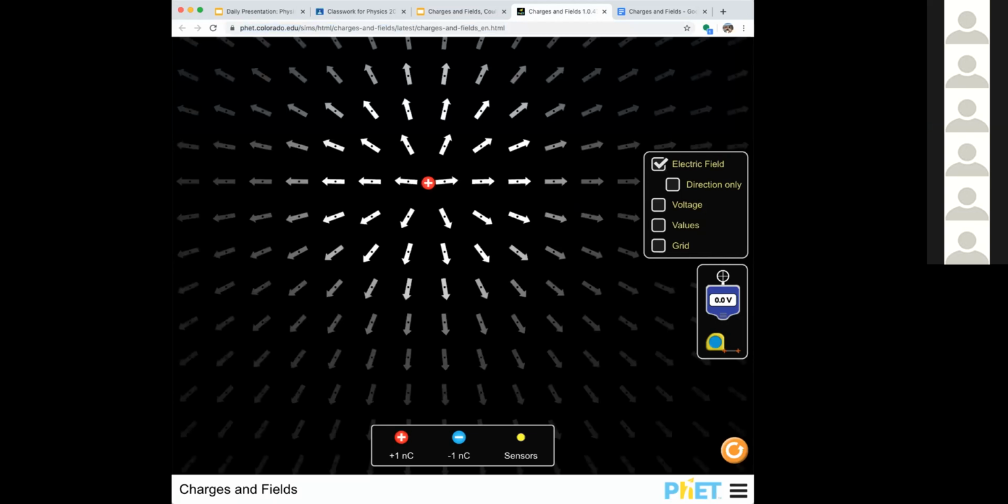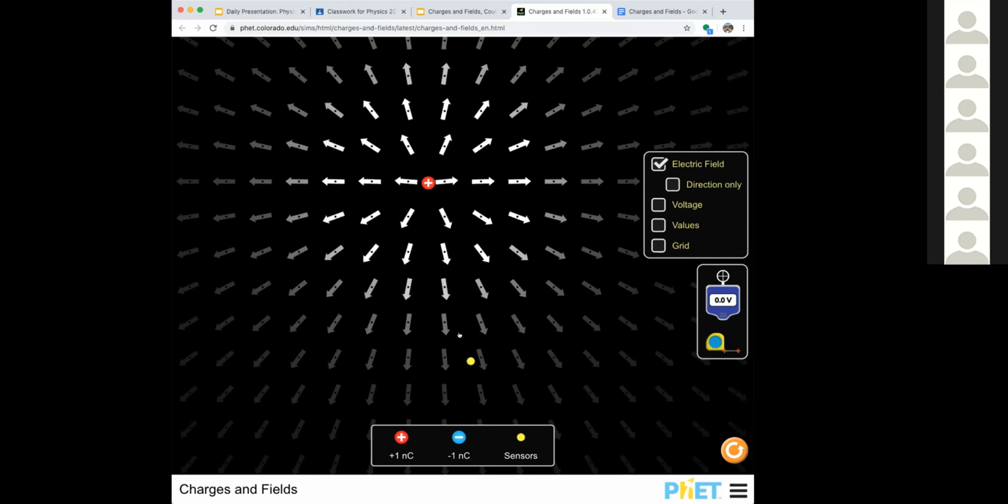I just want to have the electric field. I'll take a positive charge, and it's showing me the electric field. It's showing me that the field is emanating out from this positive charge in all directions, and that it's stronger right here, and it's weaker out here.